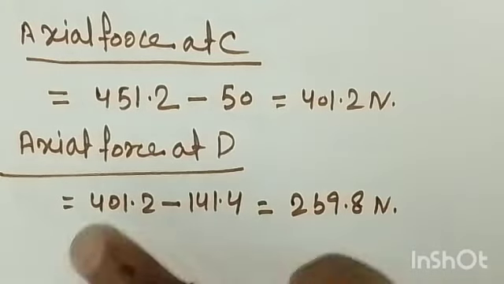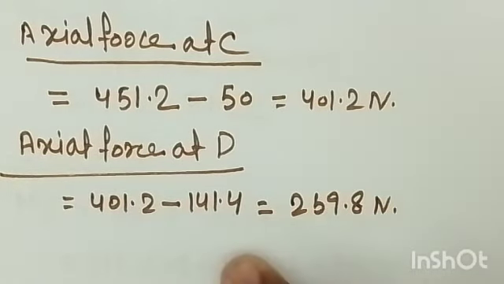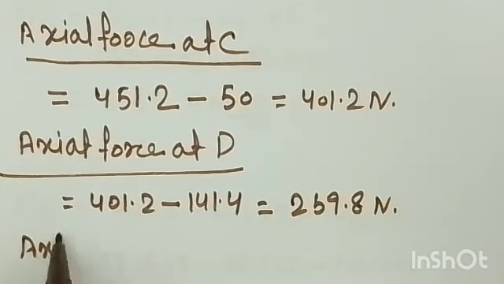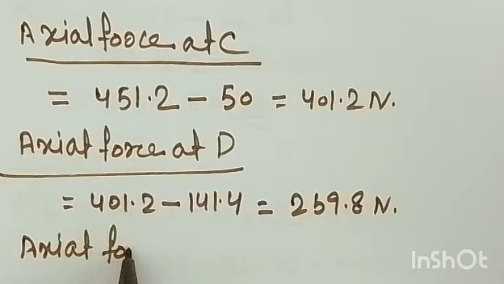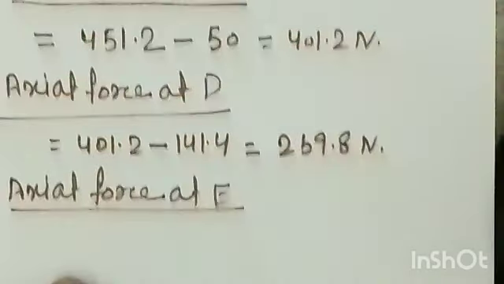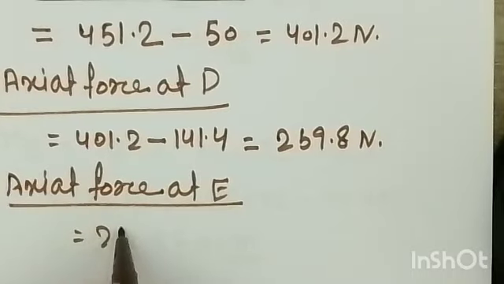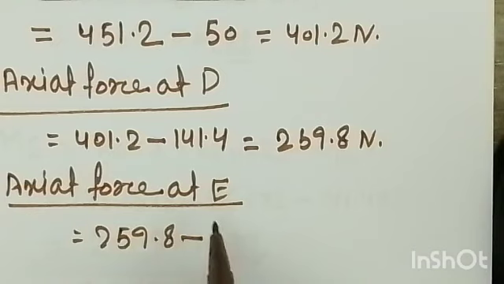At E there is a horizontal force acting, which has magnitude 260. So we can say the axial force at E is nothing but 259.8 minus that 260 you got.